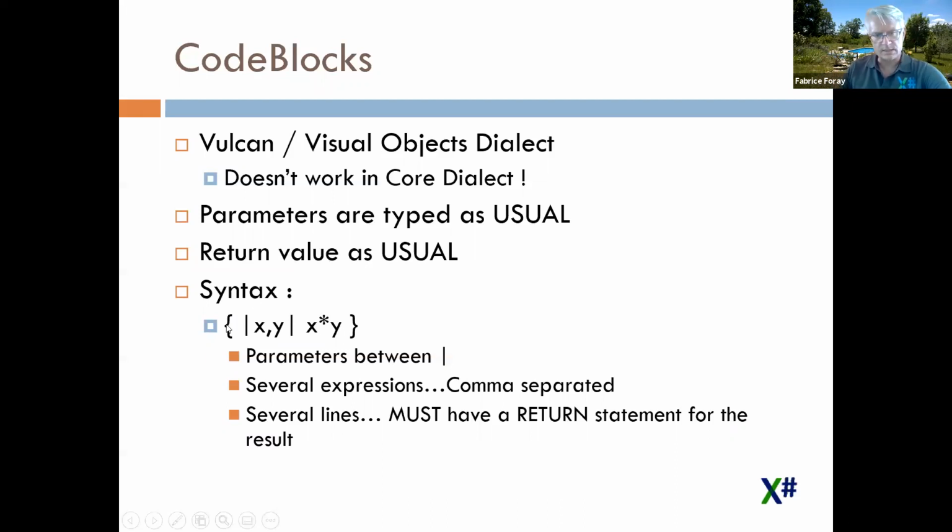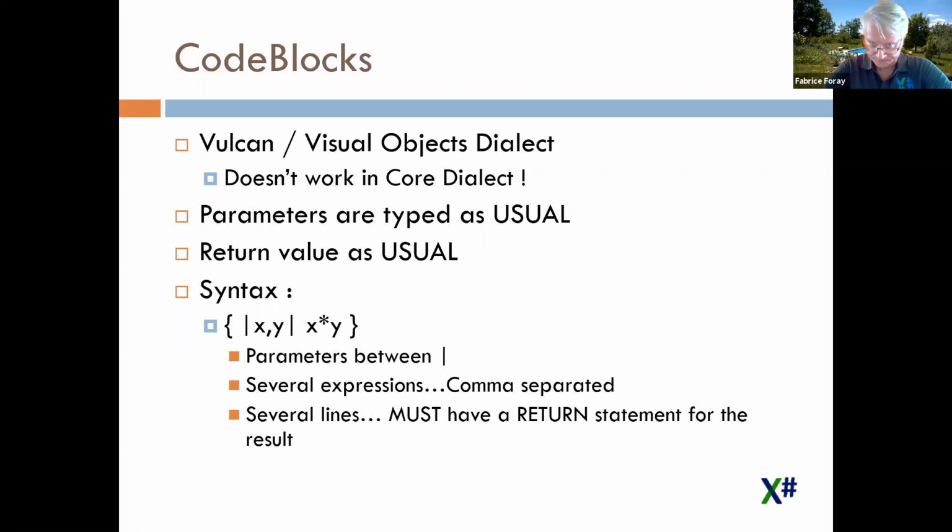When we look at the syntax, it is very similar to what we had with the lambda expression, except that we also have curly braces, but you have to place a vertical bar between the parameters, and that's all. You can't currently type parameters in code blocks. They are always of the usual type, and the return value is also usual.